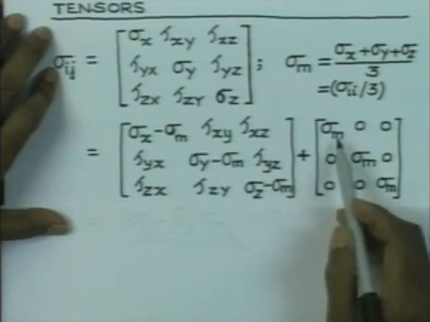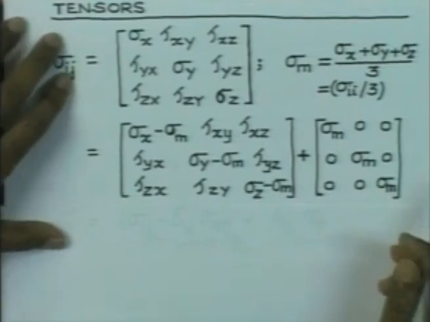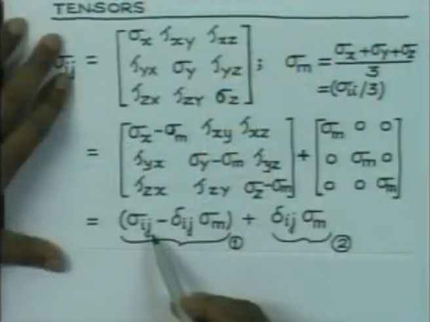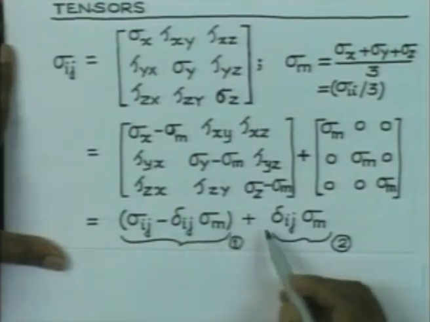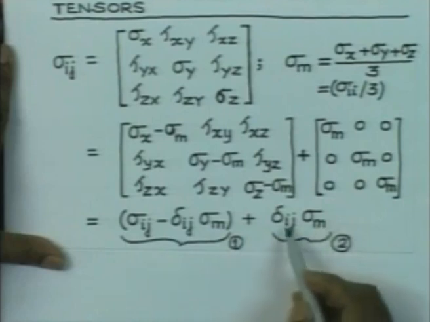Plus we have sigma m, sigma m, sigma m in the three directions. This can be written in tensor notation like this: the first part is sigma ij minus delta ij into sigma m, plus delta ij into sigma m. Delta ij is nothing but the Kronecker delta.